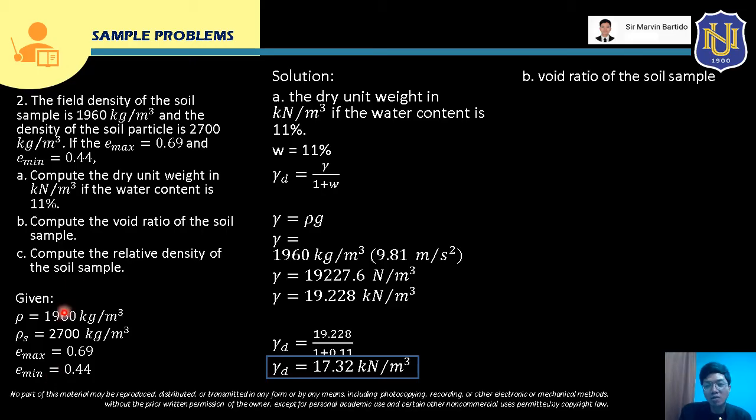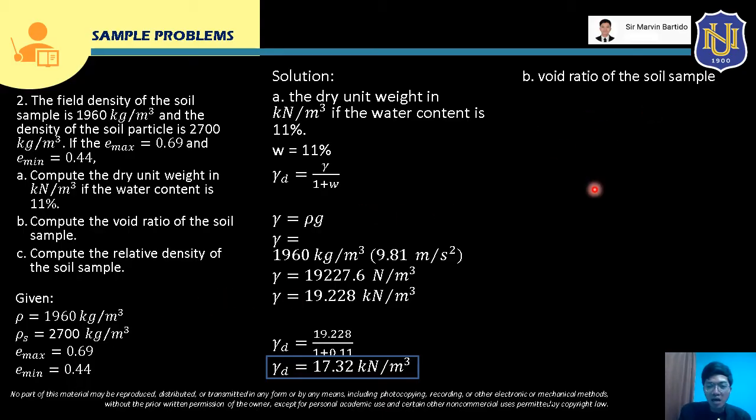Kaya lang, wala naman tayong given na relative density. So hindi rin natin yun pwedeng gamitin. So, class, ang gawin natin, di ba may gamma dry na tayo? Di ba sa gamma dry, yung formula natin doon, G sub S times gamma water over 1 plus e. Yung gamma water, wala tayong problema doon kasi constant yon. Yung G sub S, class, problema, hindi rin siya given sa problem.